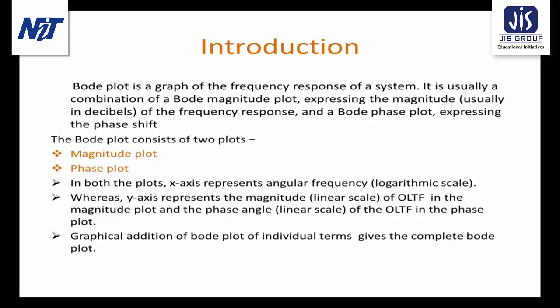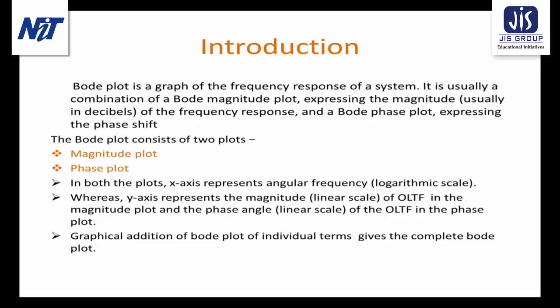So, the Bode plot consists of two plots. One is the magnitude plot and another is the phase plot. So, the magnitude plot is the plot of the magnitude of the sinusoidal transfer function against the logarithmic frequency, that means the frequency on the log scale. And the second plot, that is the phase plot, is the plot of the phase angle against the logarithmic frequency.